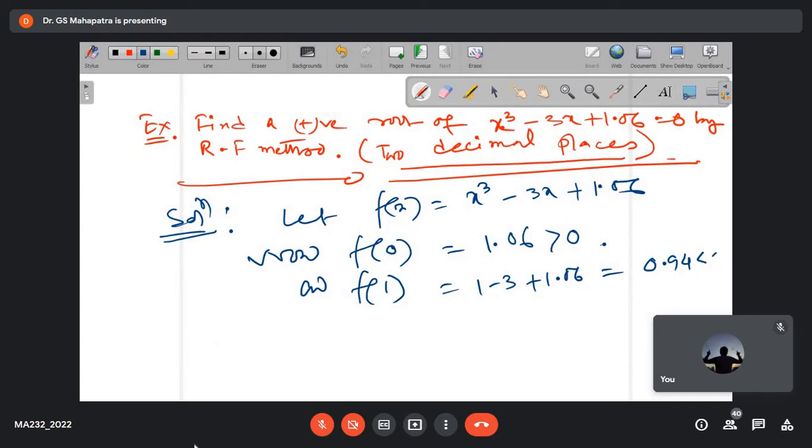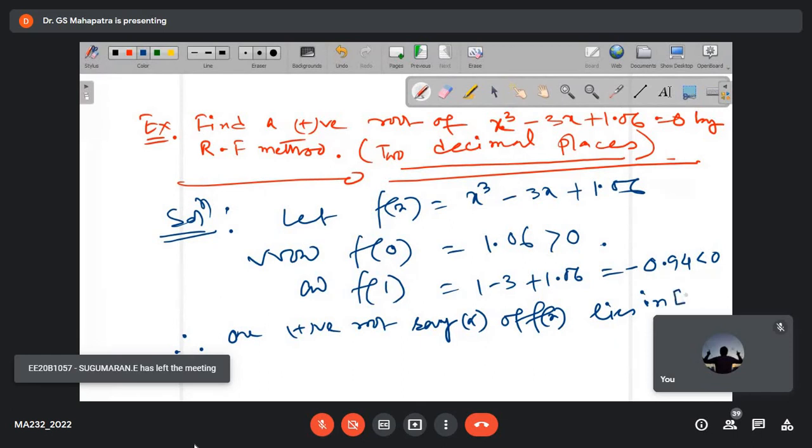So it is less than 0. Therefore, at least one positive root, say alpha, of f of x lies in the closed interval 0 comma 1.